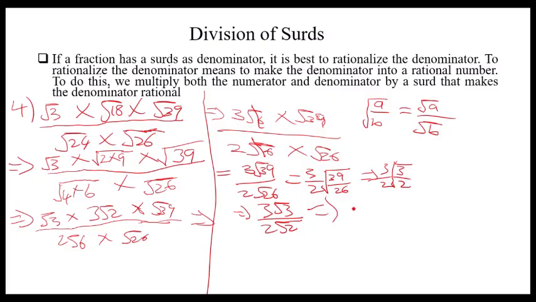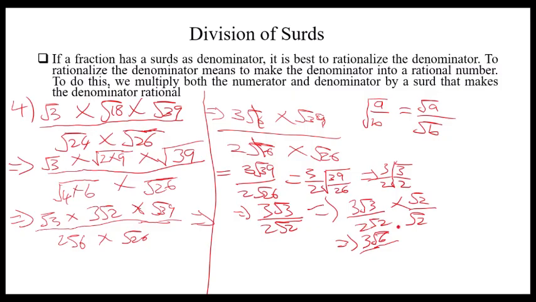So at this stage, what we need to do is rationalization. So 3 root 3 over 2 root 2 times root 2 over root 2. Root 3 times root 2 is root 6, because 3 times 2 is simply 6.